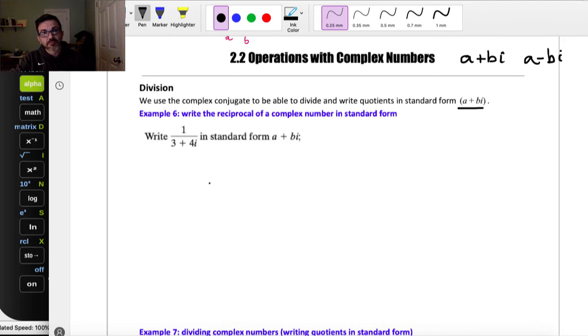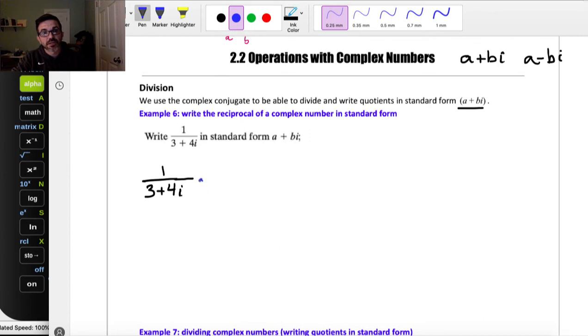So first thing I'm going to do, in order to get rid of this complex number in the denominator, I know that if I multiply by its conjugate, I'm going to end up with some real number. So we saw that in the previous example. When we multiply complex conjugates, we end up with a real positive number. So if I multiply by its conjugate, we can get a real number in the denominator.